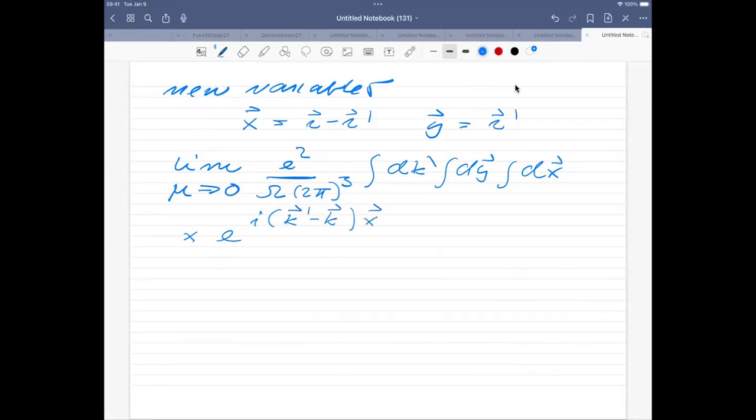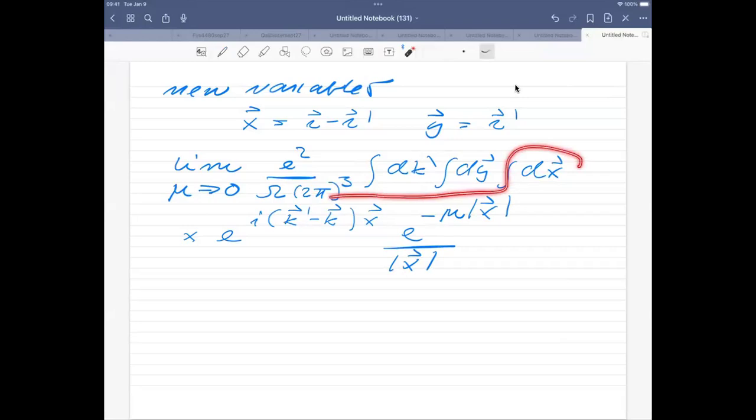And this is then again multiplied with e to the minus mu times the absolute value of x, divided by the absolute value of x. So this is my next integral, which I need to evaluate. Now, if we look at the part which contains an integral over x here, let's single that one out. So let's just take this piece here and evaluate the integral over x.